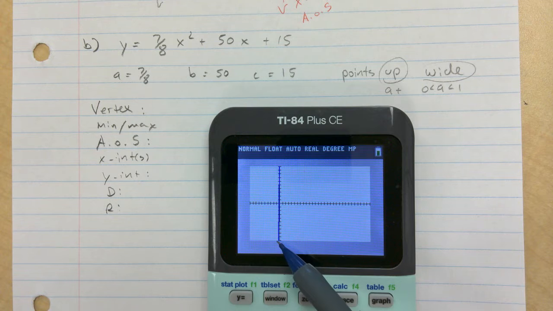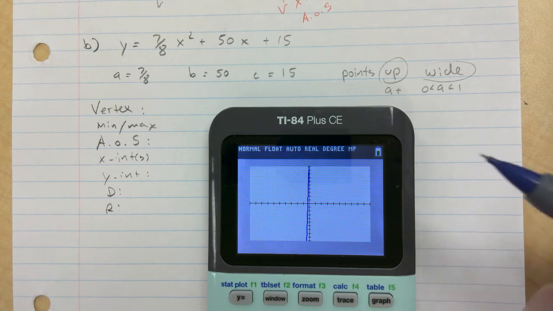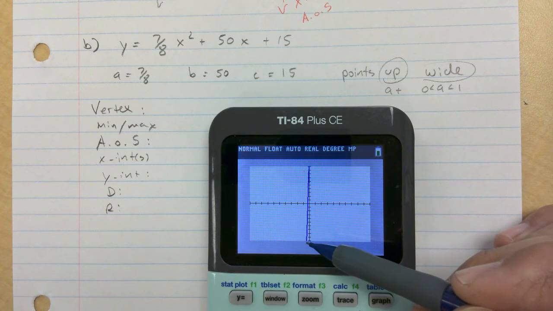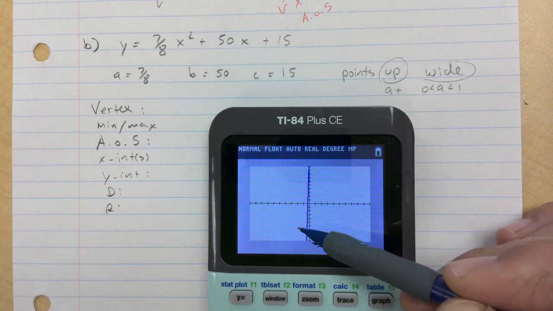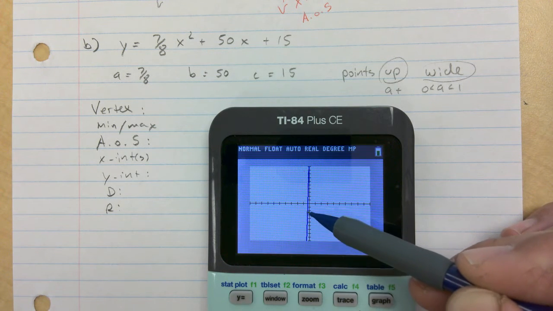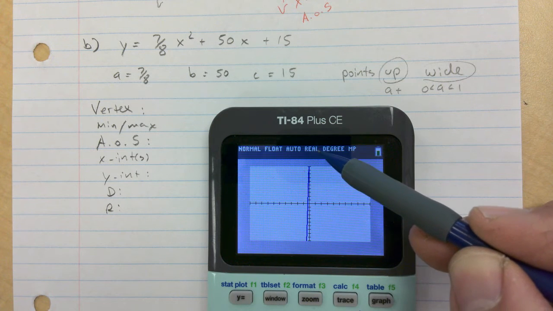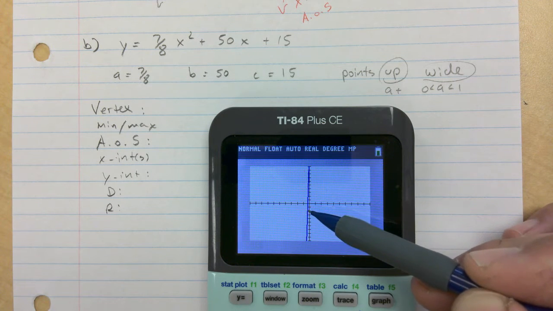And you saw that you just see a line, right? That's part of the graph. It's hard to see. Okay, what I'm going to do is I'm going to go zoom 6. So think about it. You're seeing this arm going this way. It essentially gets closer to the y-axis, crosses it, and keeps going. Where do you think the vertex is?